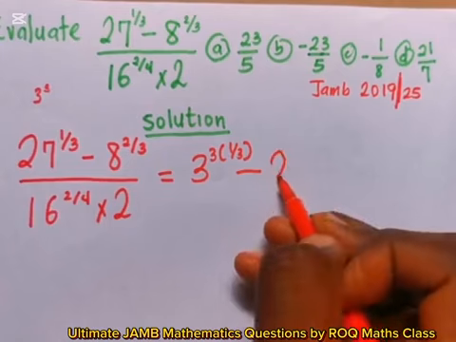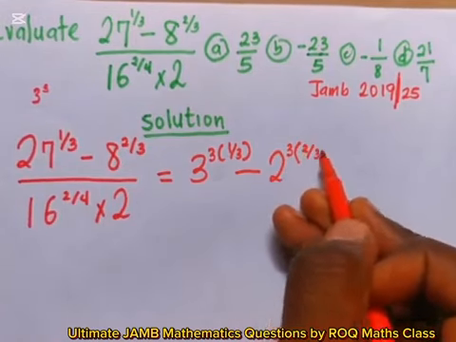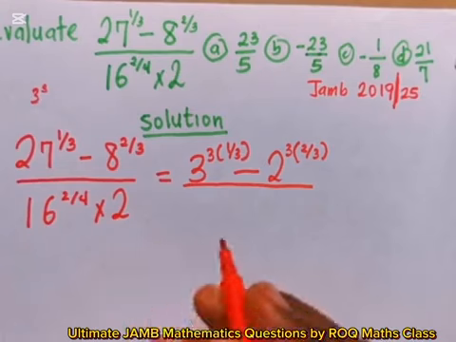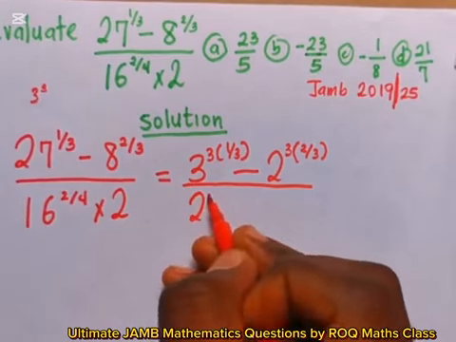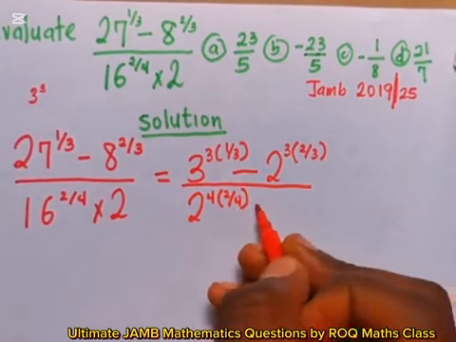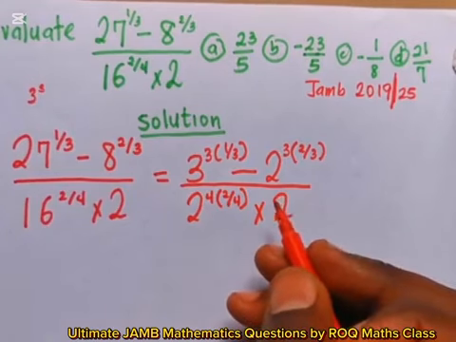I have 2 to the power of 3 into the bracket of 2 over 3, all over 16 is same thing as 2 to the power of 4 into the bracket of 2 over 4 times 2 to the power of 1.